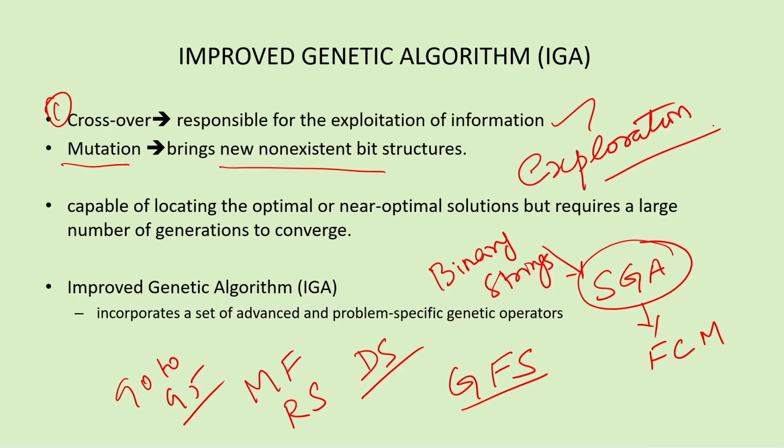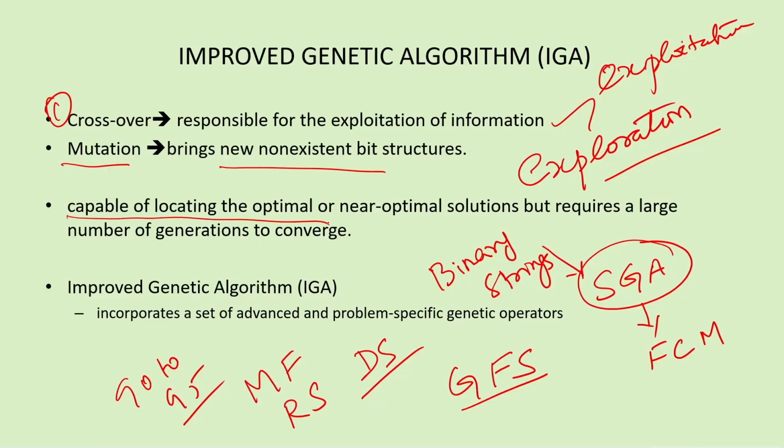So for a search and optimization problem, exploitation as well as exploration are most important. When you find a value, it has to be used, that means it has to be exploited. You do not depend only on the regular values, you always look for some new values, that is exploration.